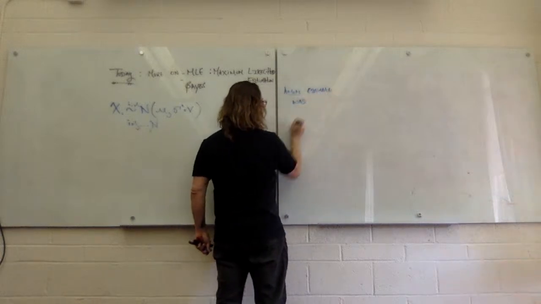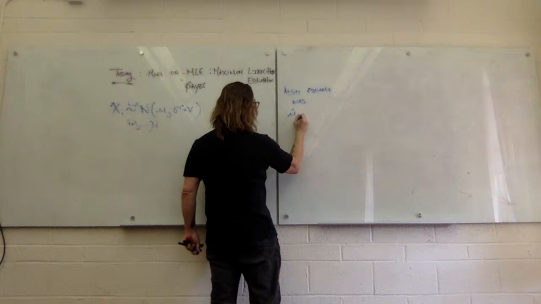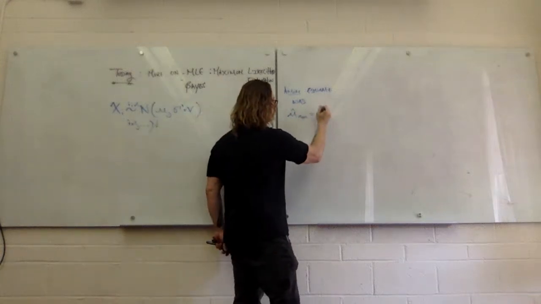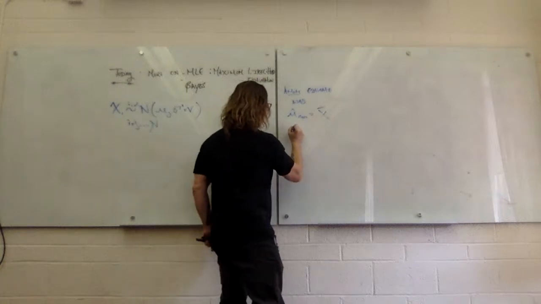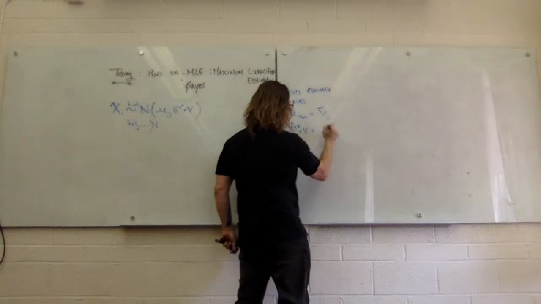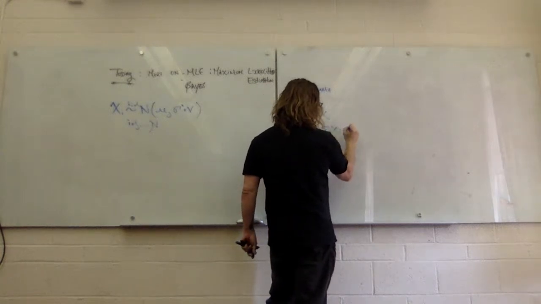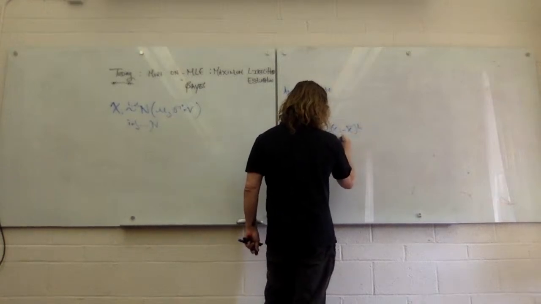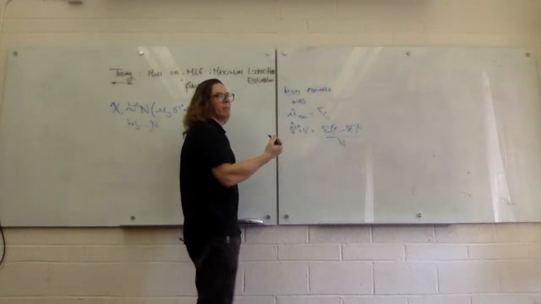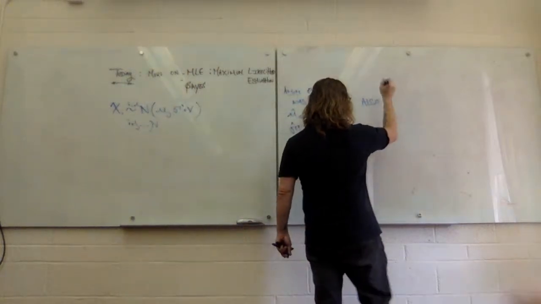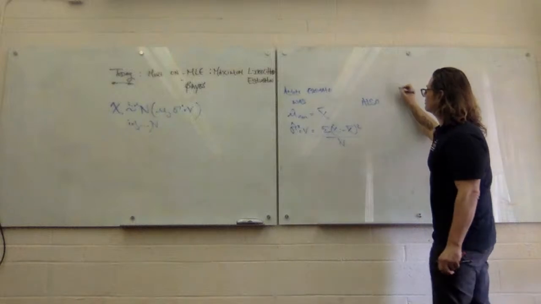Mu hat MOM. This one's pretty uncontroversial, x bar. And sigma hat squared V was equal to the sum of the xi's minus x bar squared over n. And there was another MOM estimator that we came up with. So we also matched moments to come up with this answer.